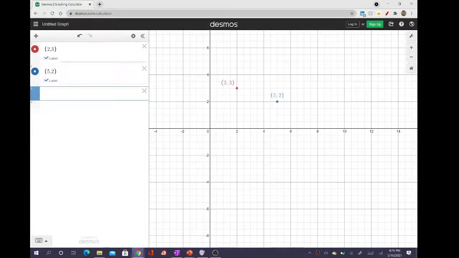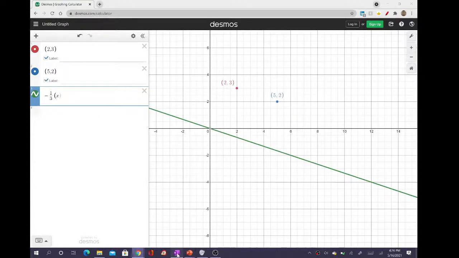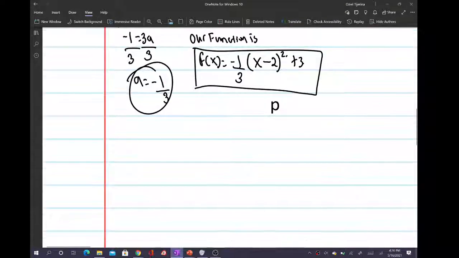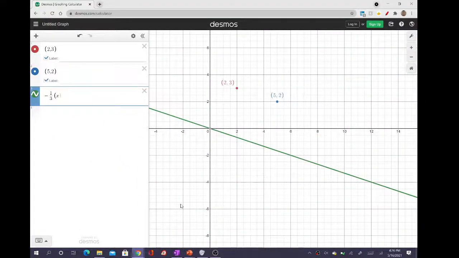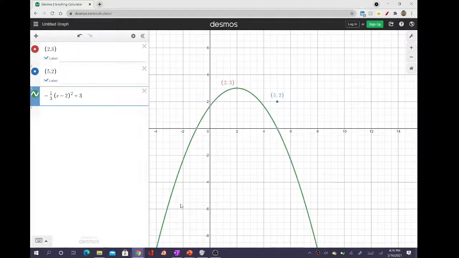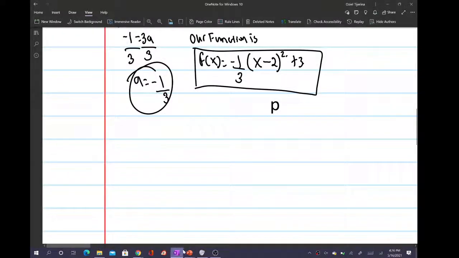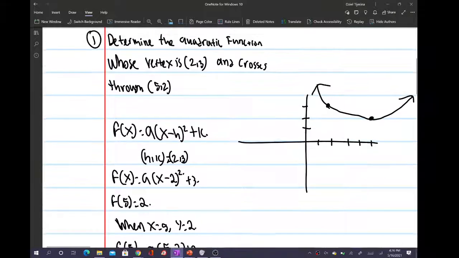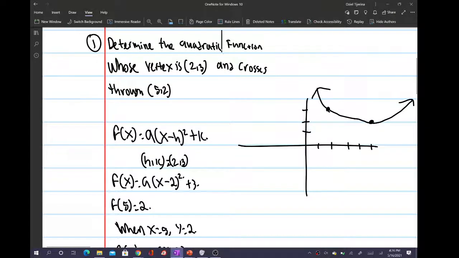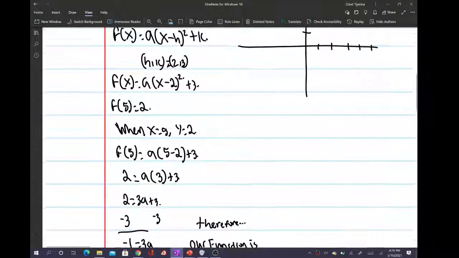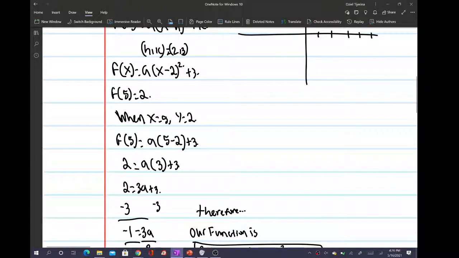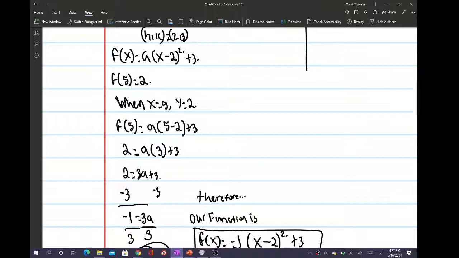So anyways, we can verify negative 1/3 times the quantity x minus 2 squared plus 3. Oh, and actually, hold on. Five, 2.